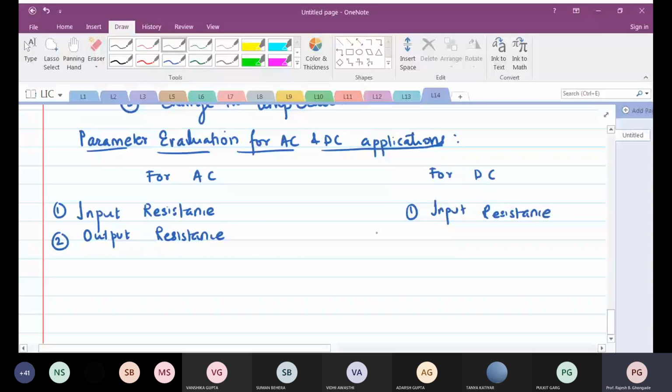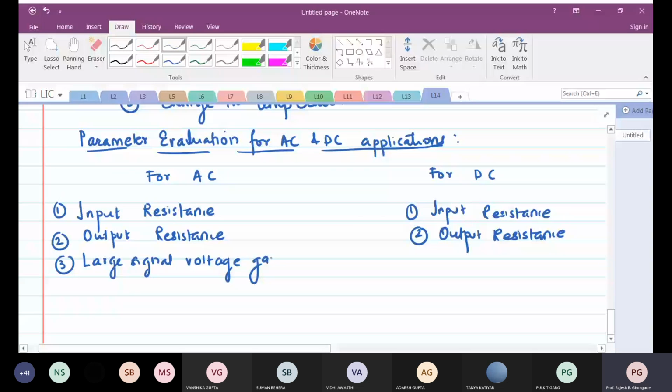Here also we have output resistance. We have the large signal voltage gain.